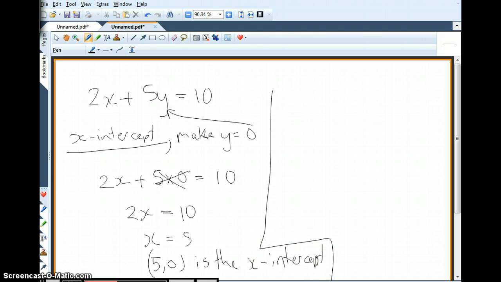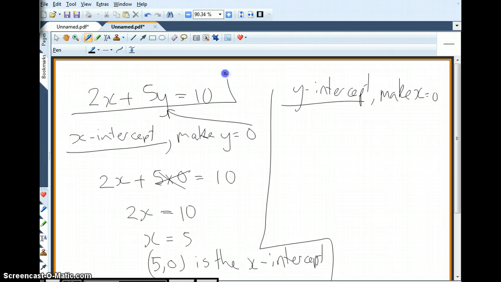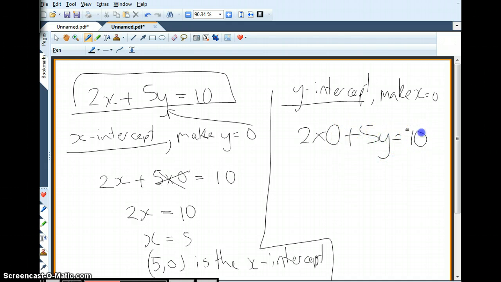Alright. Let's look at the y-intercept. What do I do? Make what? x or y? x, thank you. x equal to 0. Consider the equation, here it is over here. 2 times 0 plus 5y must equal 10. 2 times 0 is gone. 5 times what equals 10?